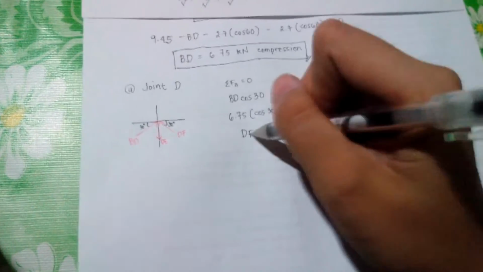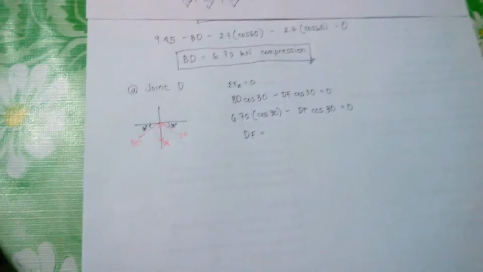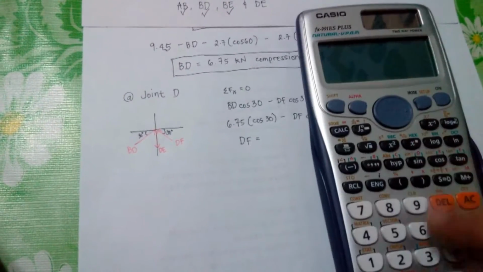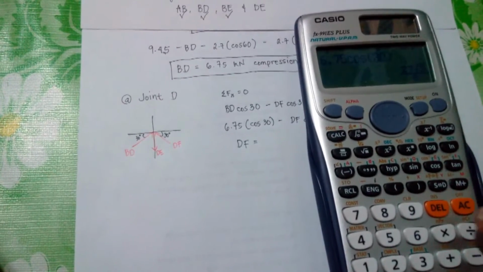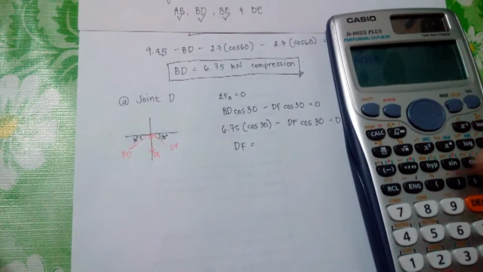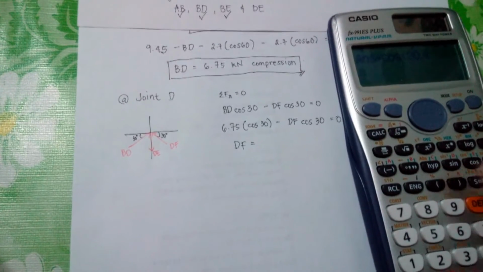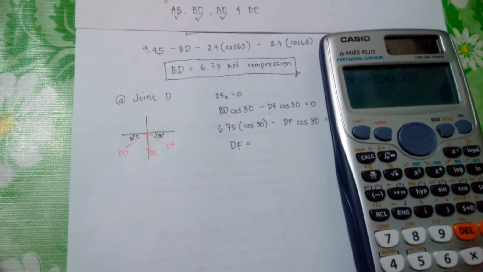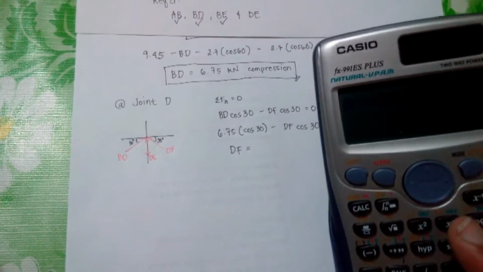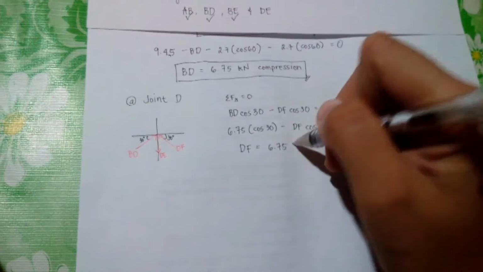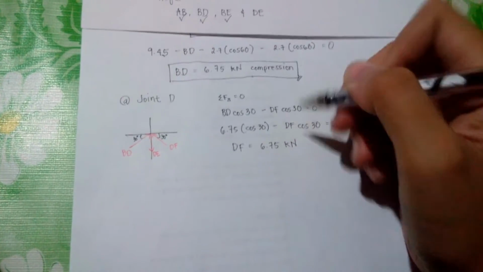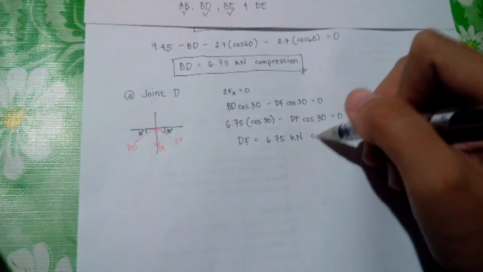And DF is equal to 6.75 kilonewton compression.